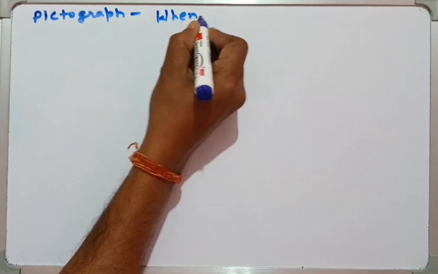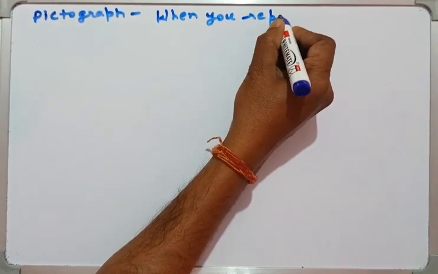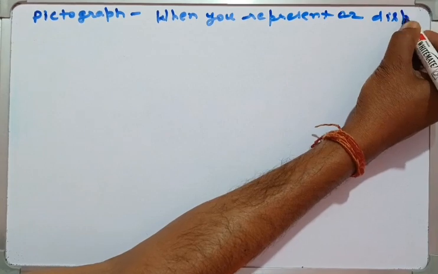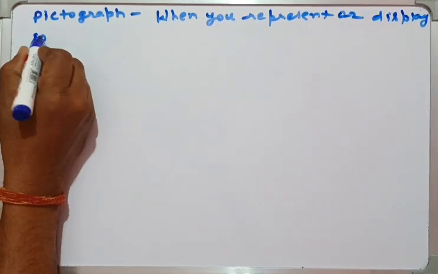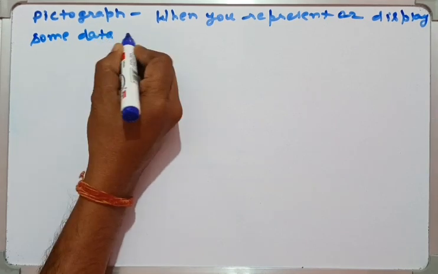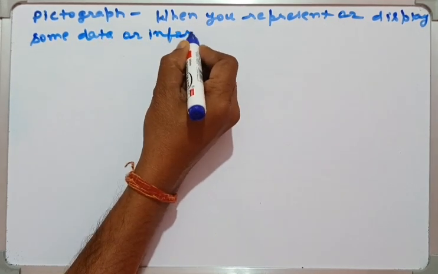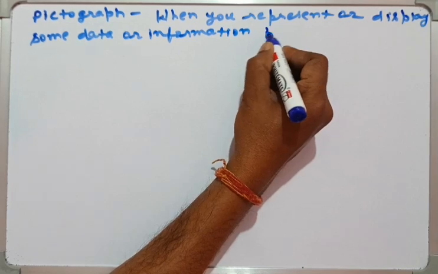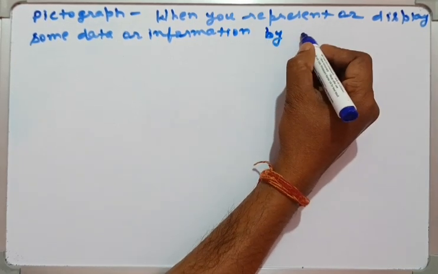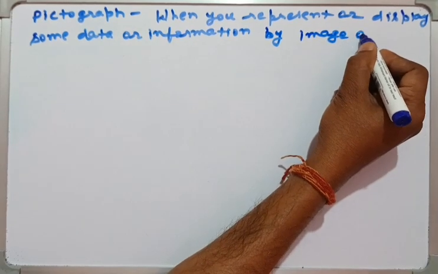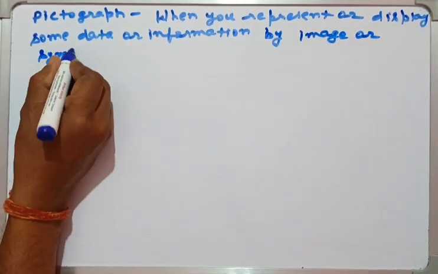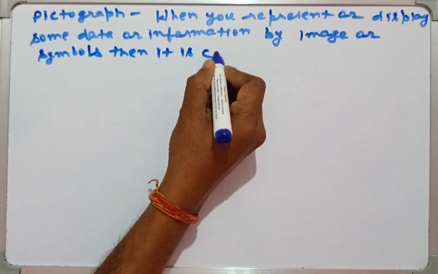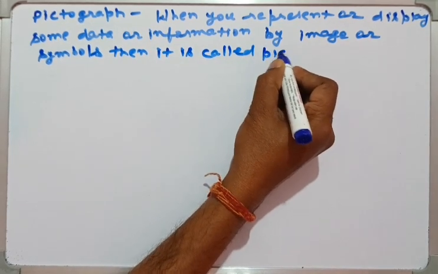When you represent or display some data or information by images or symbols, then it is called pictograph.